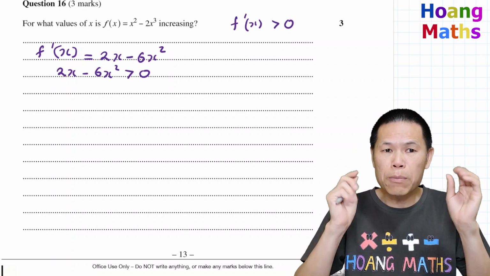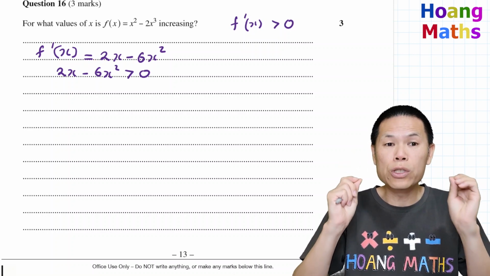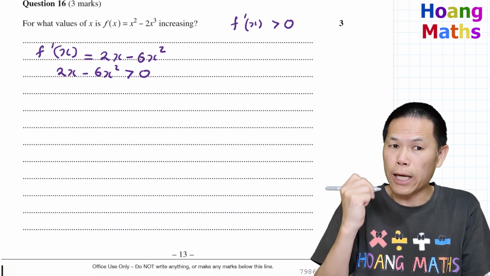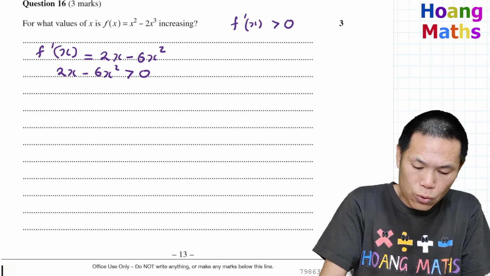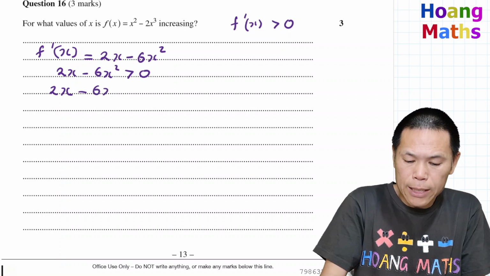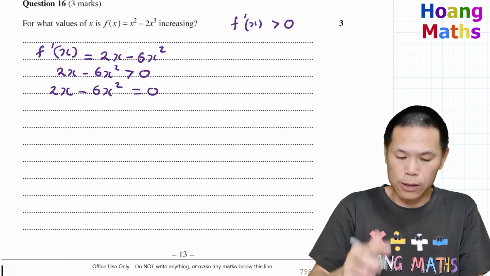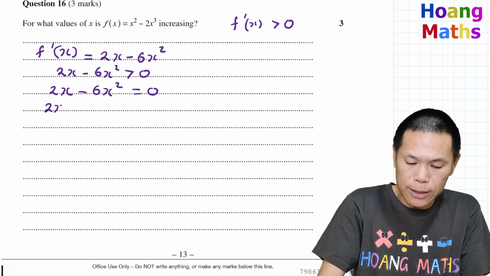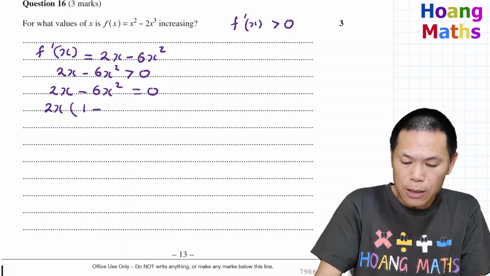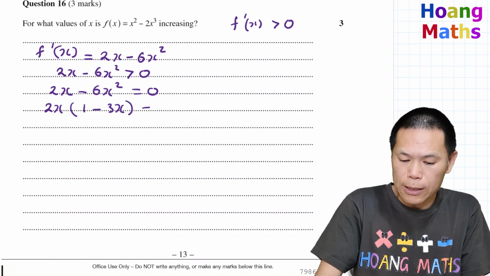To do this, let me make the function equal to 0 first, to find the x-intercepts. So 2x minus 6x squared is 0. I take 2x out because 2x is a common factor, so 2x times (1 minus 3x) is 0.